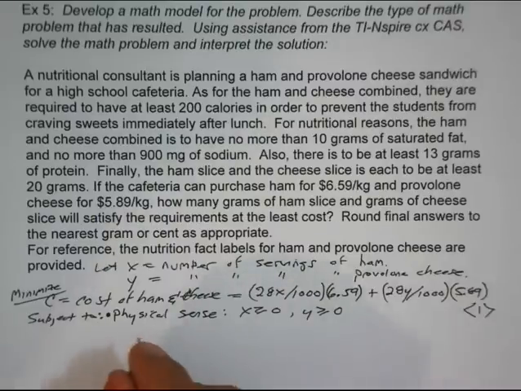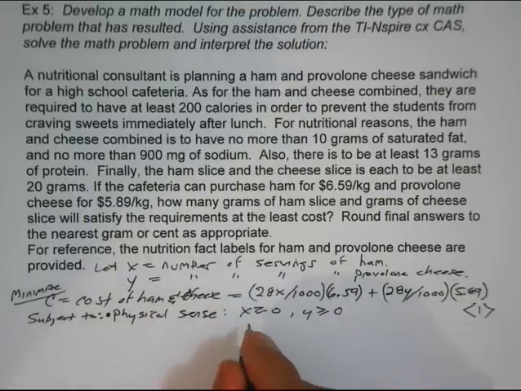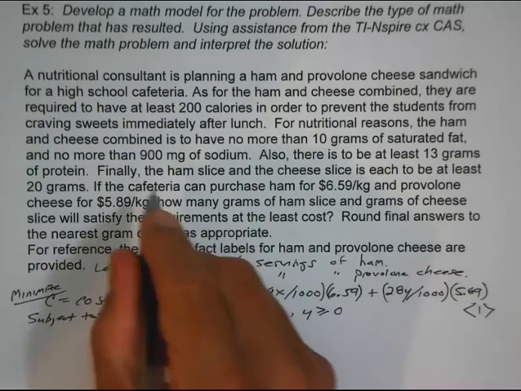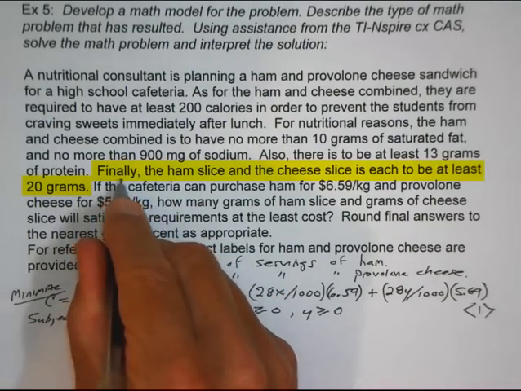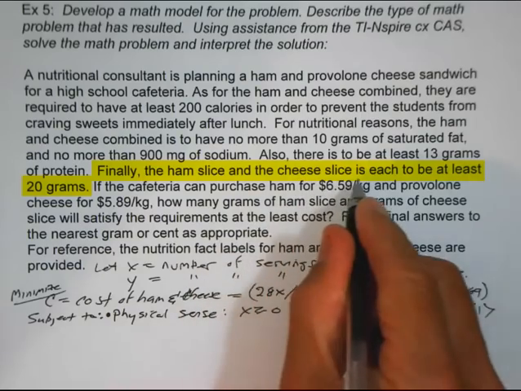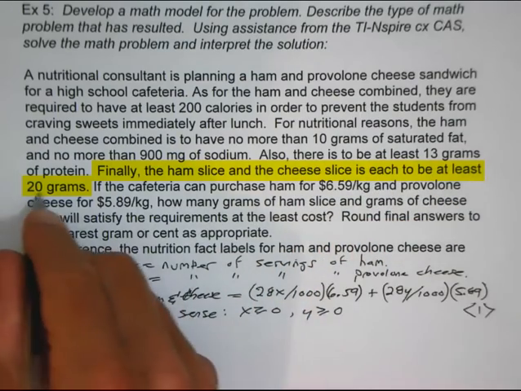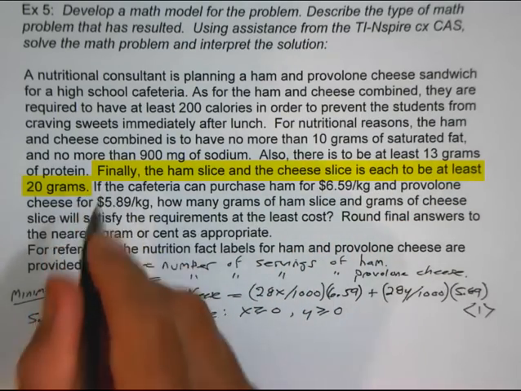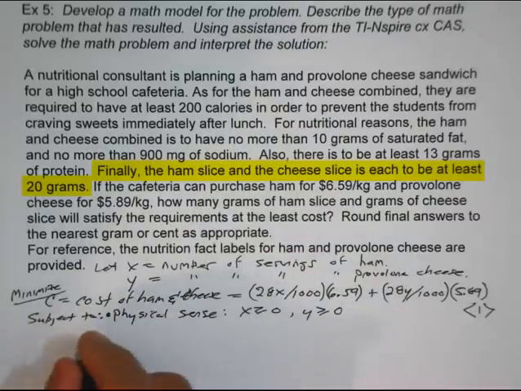Since we're on this physical sense idea, there was something in this problem so closely related that I think it might be a good idea to put it into the formulation right now, and that was this statement here: finally, the ham slice and the cheese slice is each to be at least 20 grams. Let's put that down as another subject to.